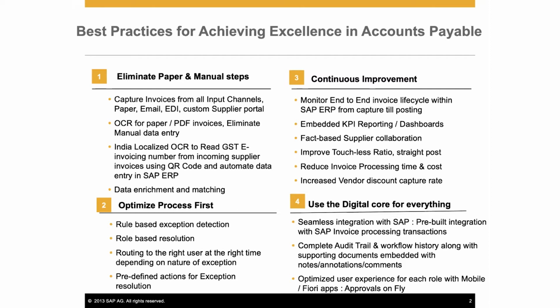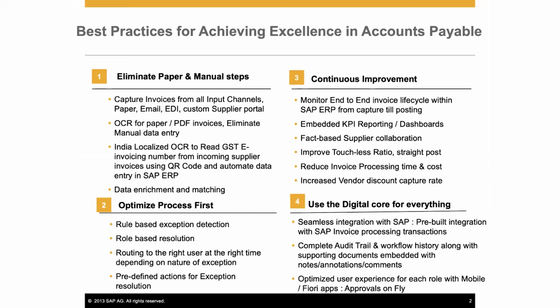So this could be the 64-digit IRN number, the GSTIN of buyer or supplier, or the HSN code. There are 8 parameters included in the QR code. All these details can be captured by the India localized OCR and auto-populated into the ERP system, eliminating a great amount of manual data entry.